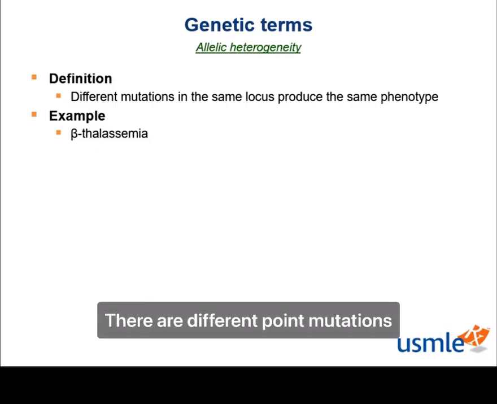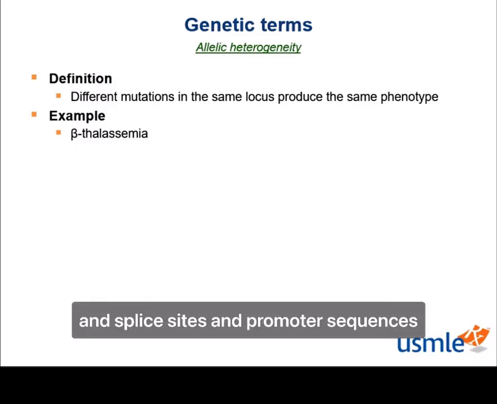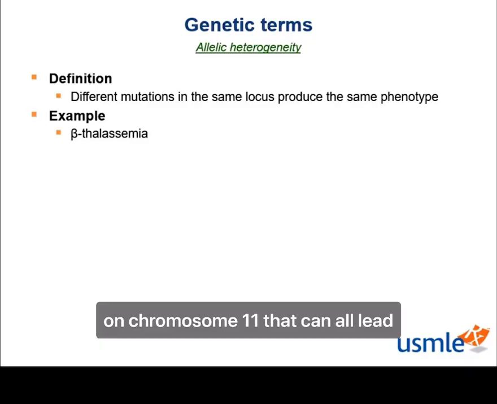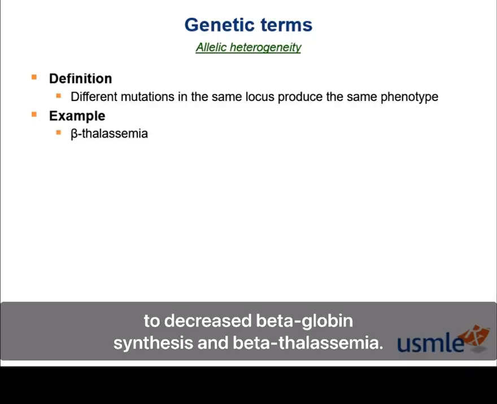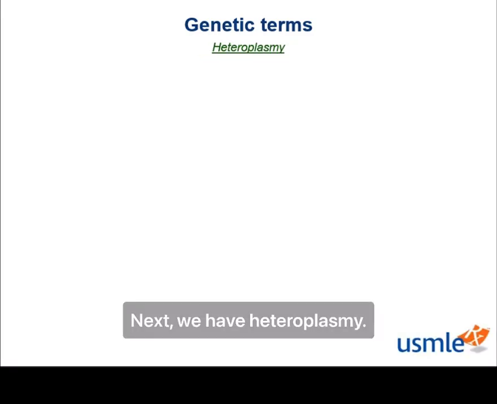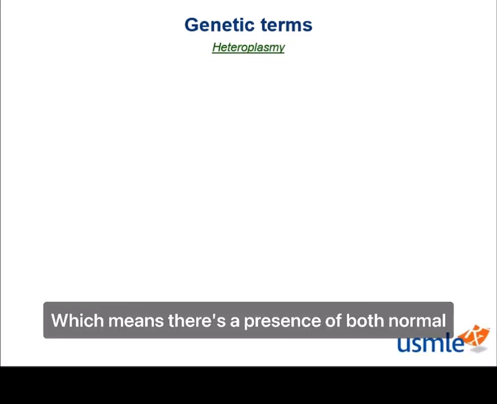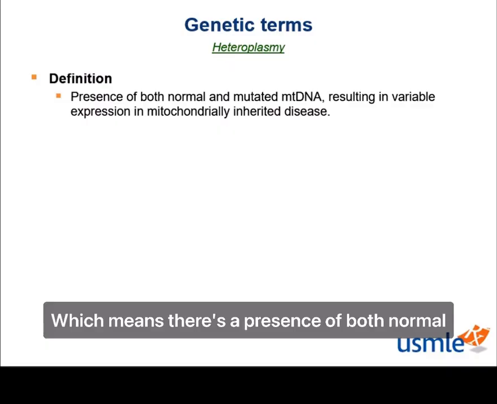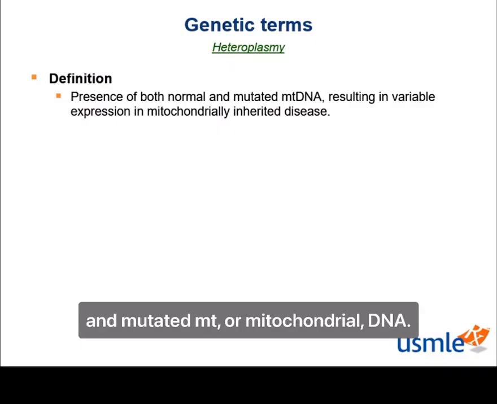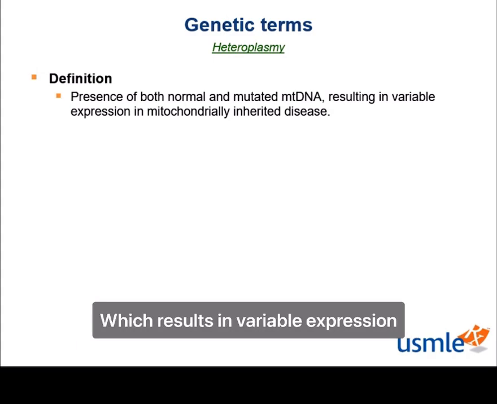There are different point mutations in splice sites and promoter sequences on chromosome 11 that can all lead to decreased beta globin synthesis and beta thalassemia. Next, we have heteroplasmy, which means there's a presence of both normal and mutated MT or mitochondrial DNA, which results in variable expression in mitochondrially inherited diseases.